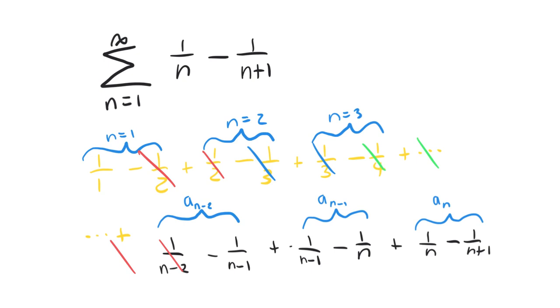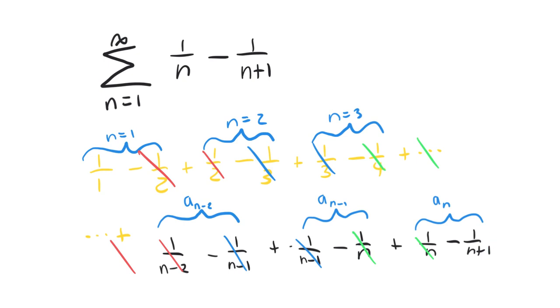We can immediately see here that the 1 over n minus 1s cancel, and of course these 1 over n's cancel, so that leaves us with just this first term, which is 1 over 1 minus 1 over n plus 1.